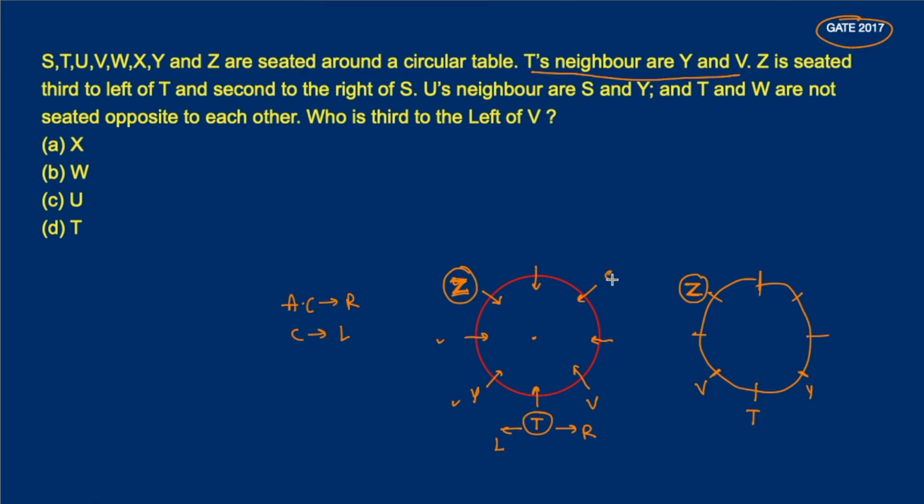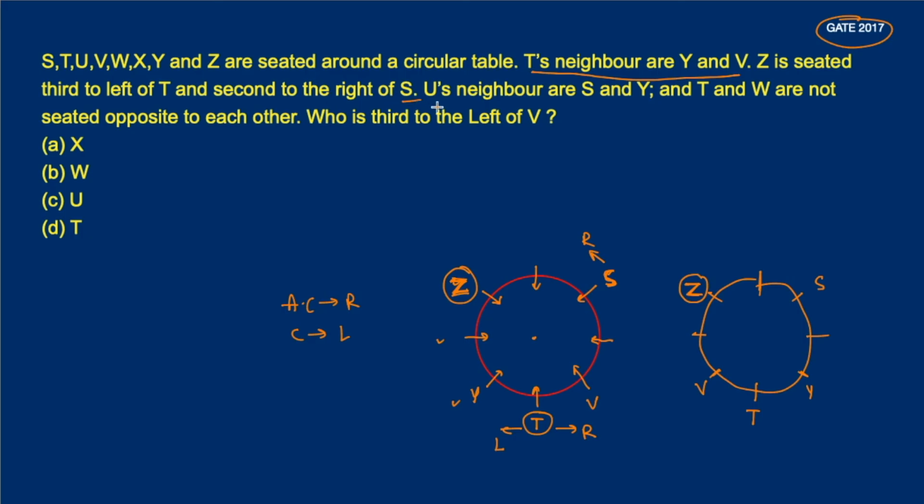Of course here, because if S is sitting here and you go in the anti-clockwise direction, that is its right. So one right, second right, and the second right position is Z. Similarly, here also S will be sitting here. So we got the position of S also.